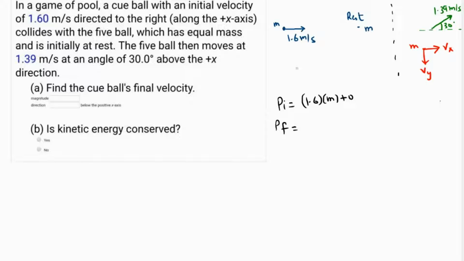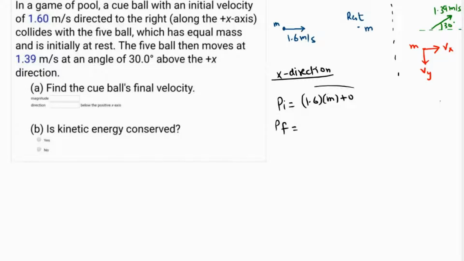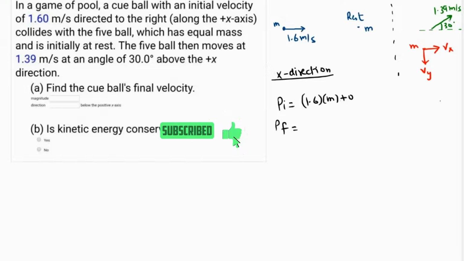Whenever we are conserving the momentum, we have to conserve in x and y direction. So let's say we are conserving the momentum about the x direction. This is the initial momentum in the x direction, and the final momentum towards the x direction will be given by its component towards the x direction.